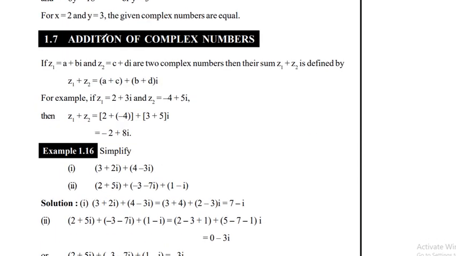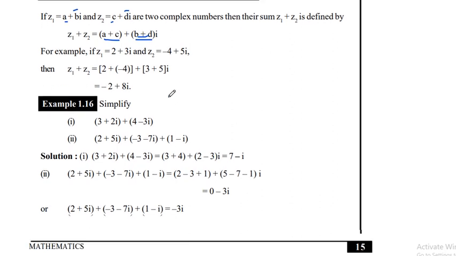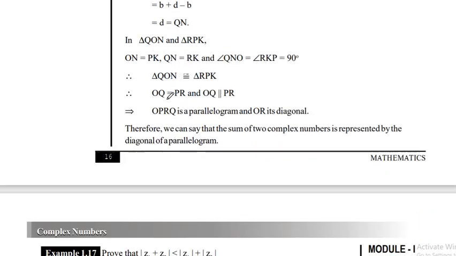Similarly, we can add two complex numbers. When you are adding two numbers, add real to real and add imaginary to imaginary. So A will be added to C, B will be added to D, and iota comes here. Every time you get two complex numbers, you can add them, you can subtract them, you can multiply them as well.